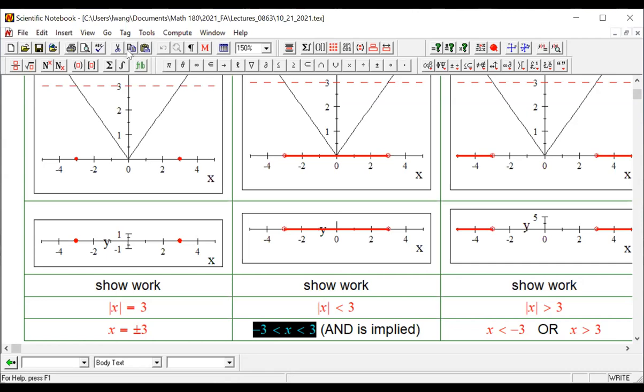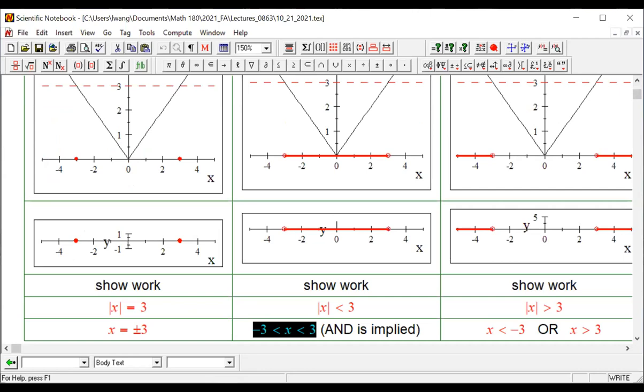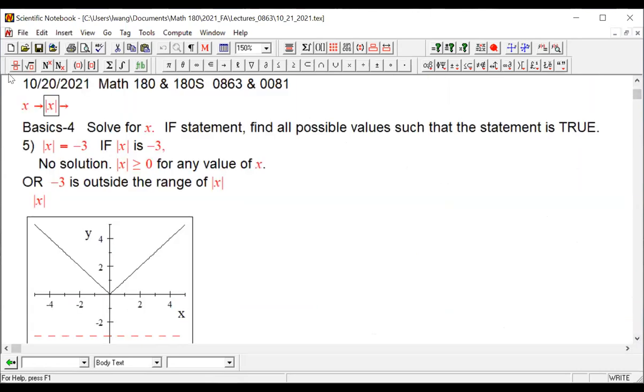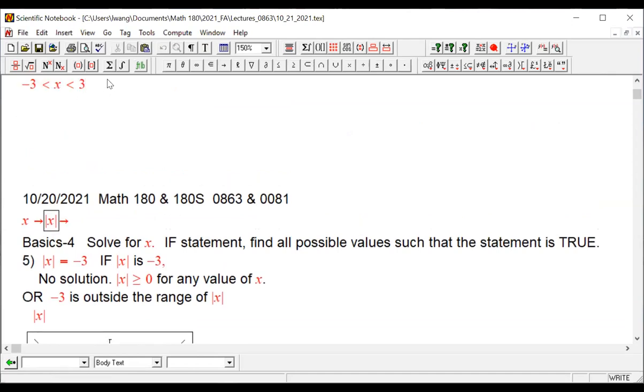Okay, so let me put it here. This inequality implies the following two inequalities. One is x greater than -3, and the other one is x is less than 3, and they're connected by AND.